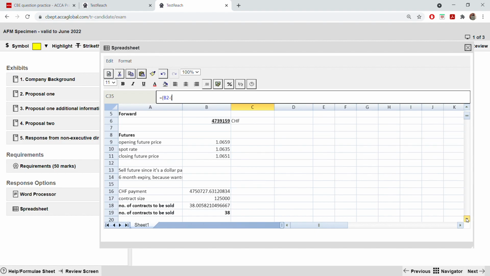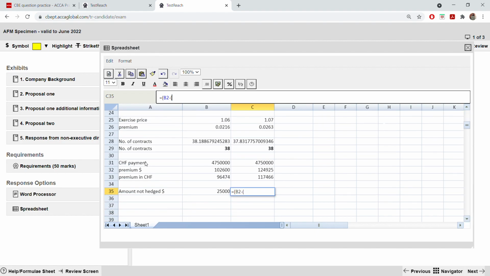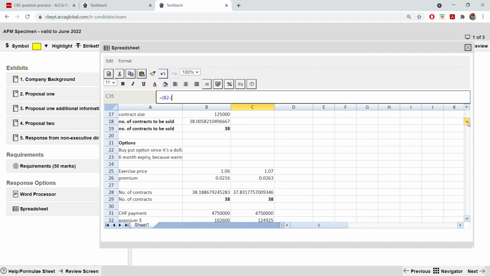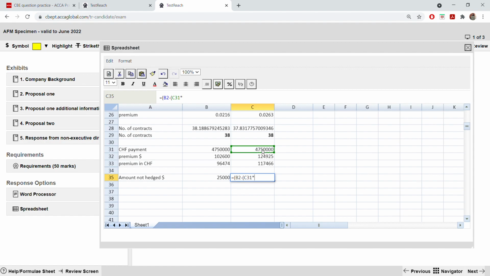So take the Swiss franc payment, and multiply. You're converting it back to the dollar. You had divided by the exercise price the 5,060,000 and you got this. Now you are reversing it back. That's why you're multiplying by the exercise price, which is 1.07 for this.